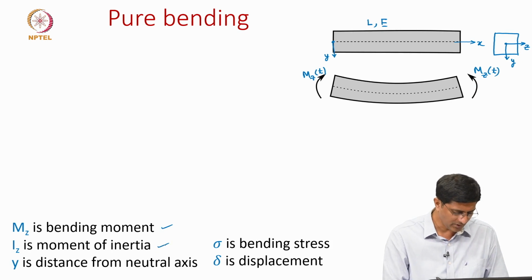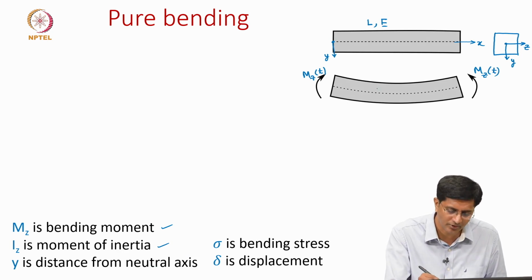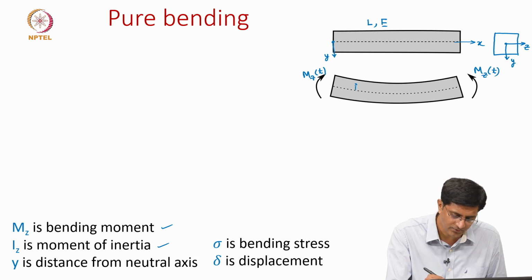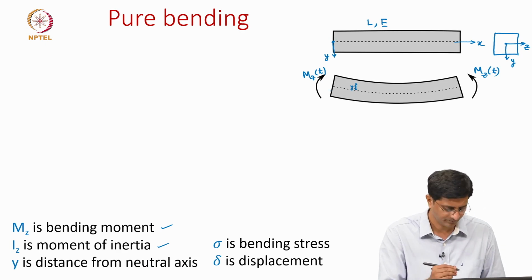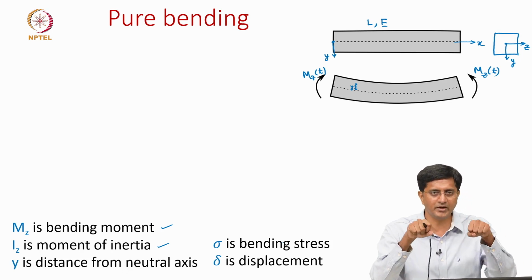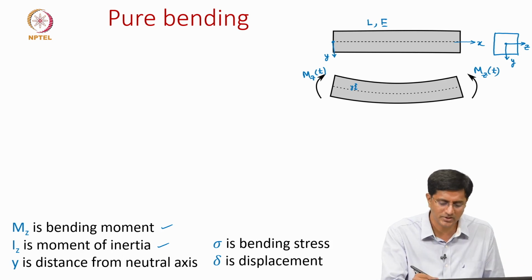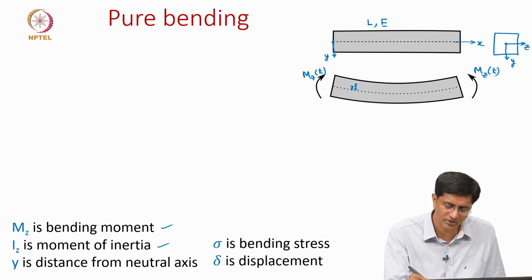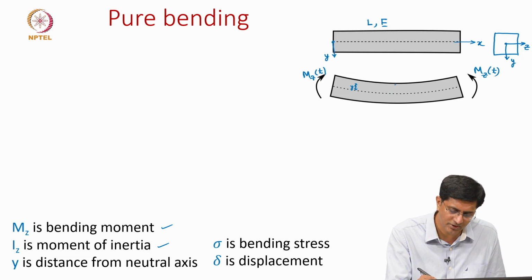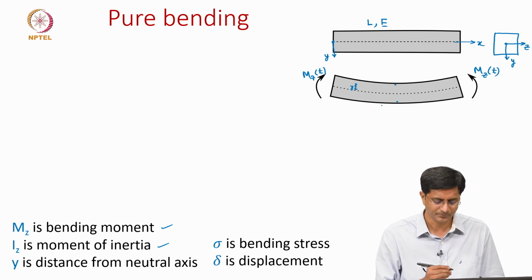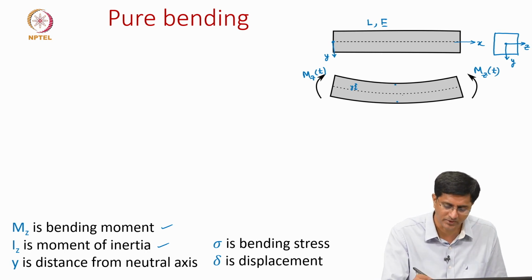Let us say I is the moment of inertia about the z axis and y is the distance from the neutral axis. Let us say we are talking about any point here, this distance is y. And sigma is the bending stress, because once we bend a beam we have bending stresses. For example, in this scenario we have compression at the top and tension at the bottom, and delta is the displacement.